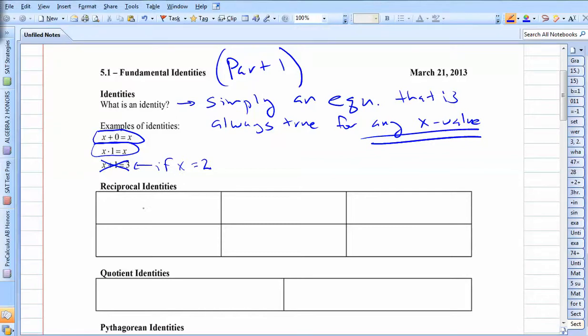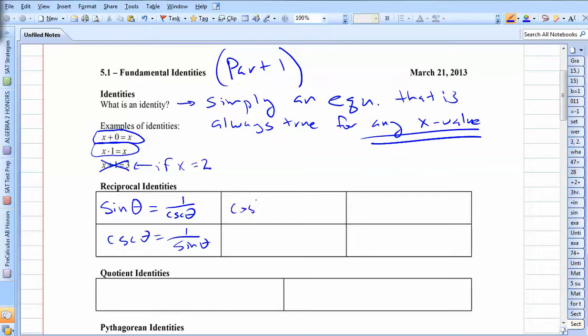We'll start with the reciprocal identities, which you guys should be familiar with. For example, sine theta equals 1 over cosecant theta, and cosecant theta equals 1 over sine theta.